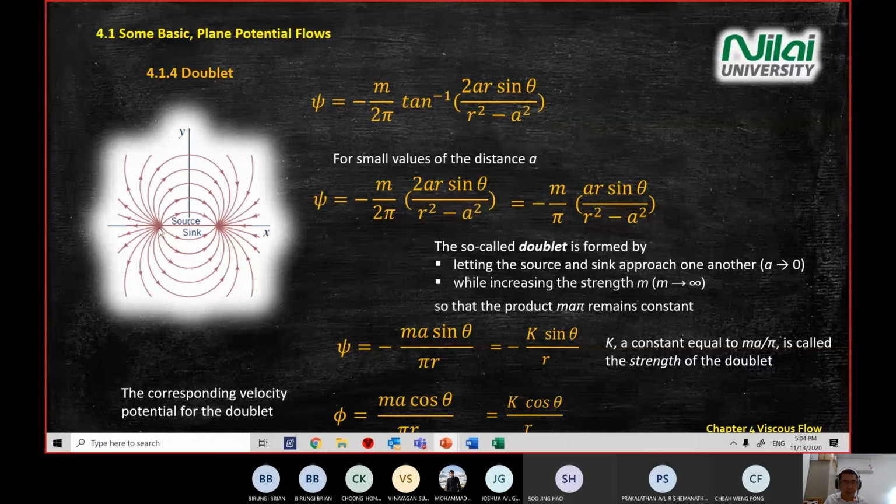If you have a doublet, meaning you have a sink and source, you use these two equations. It's quite direct for this chapter. You look at the scenario, pull out the correct equation, then apply. What may be challenging for you is the differentiation and integration part, and also the trigonometry part on the conversion of angles.